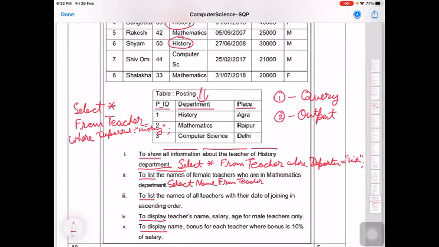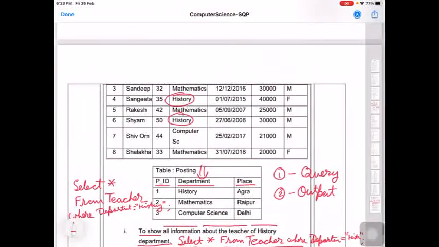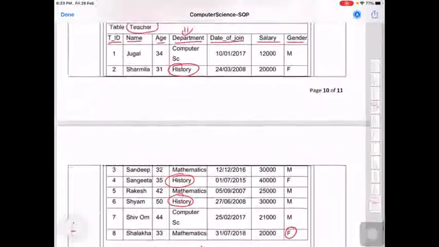Now you have female teachers, which means gender is coming into place, and the mathematics department is also coming into place. So you have a combined condition in where. There is no mention of ascending or descending order, so you will not have any order by clause, just a where clause. First, it should be female teacher. Female is represented by F and the name of the column is gender.